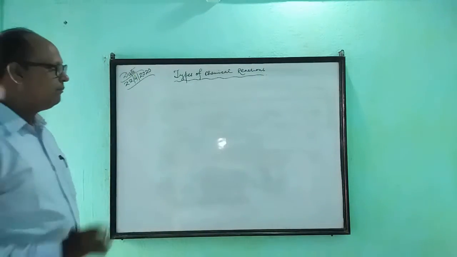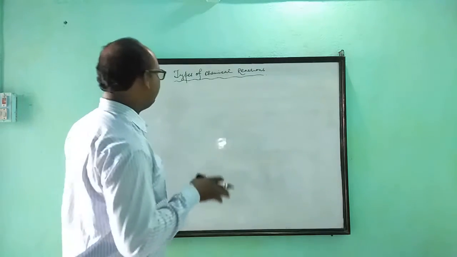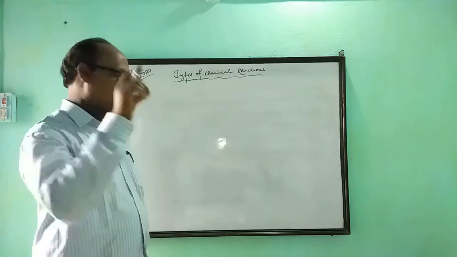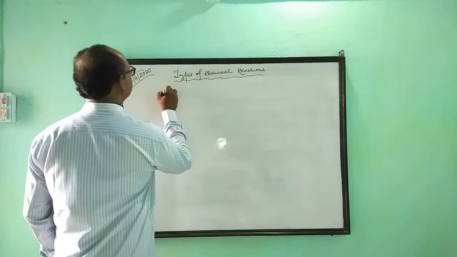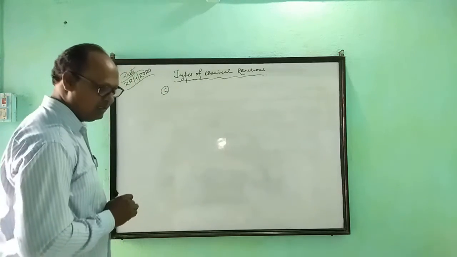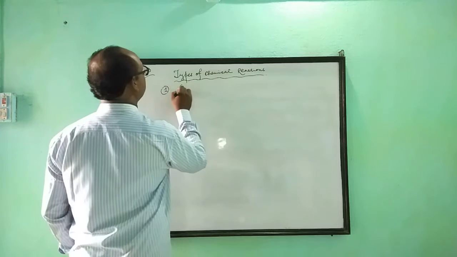There are 5 types of chemical reactions in this chapter. Number 1 is combination reaction.